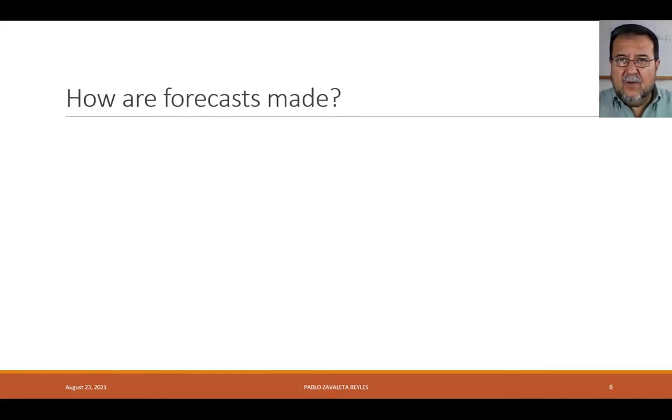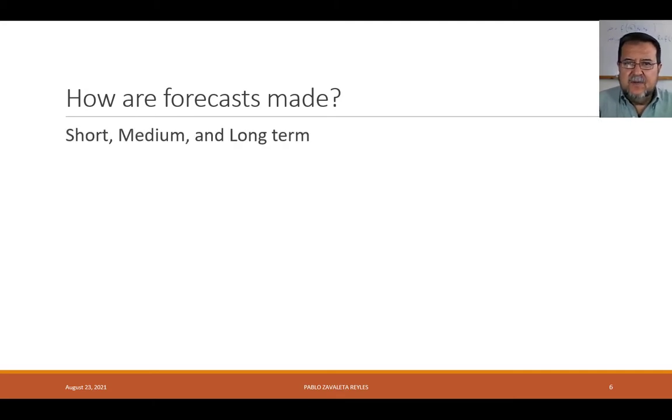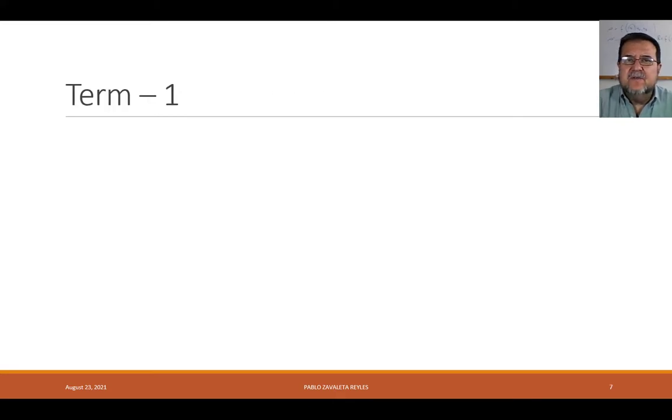Now, how are forecasts made? We think always in three terms of times, three frameworks of time: short, medium, and long term. And what do we mean by those time frameworks?